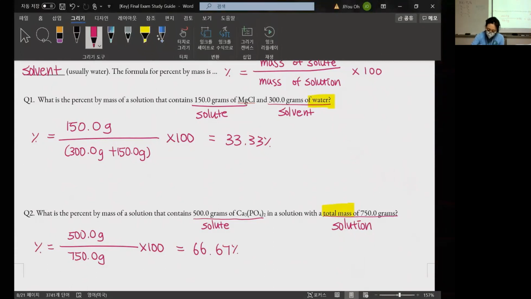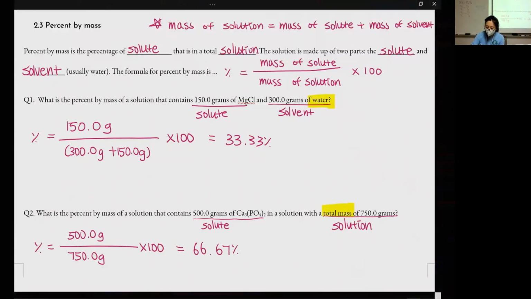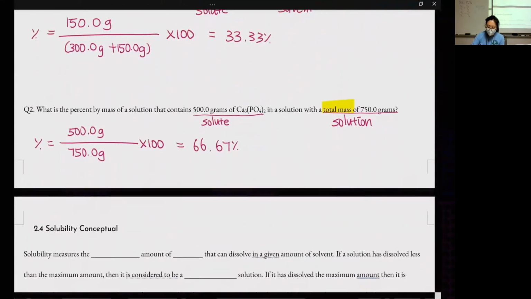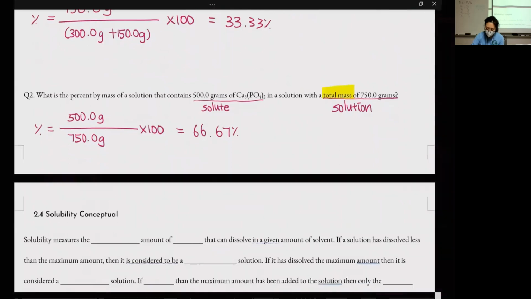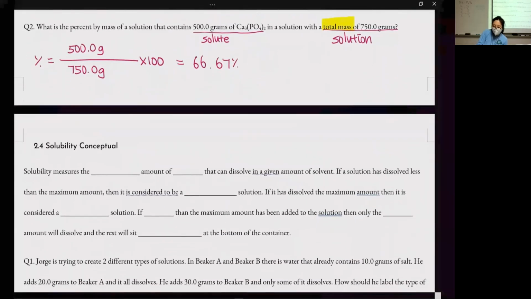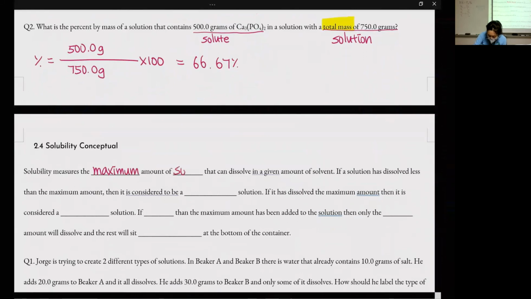Okay. I'm gonna move on to solubility conceptual. All right, so solubility measures the maximum amount of solute that can be dissolved in a gram amount of solvent.